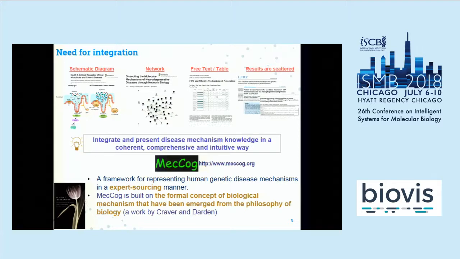MecCog is built on the formal concept of biological mechanisms, which is work from the field of philosophy of biology by Craver and Darden. This is a reference for their work. The name of the book is In Search of Mechanism. It's an interesting book, you might want to read it. And Professor Darden is part of our MecCog project.